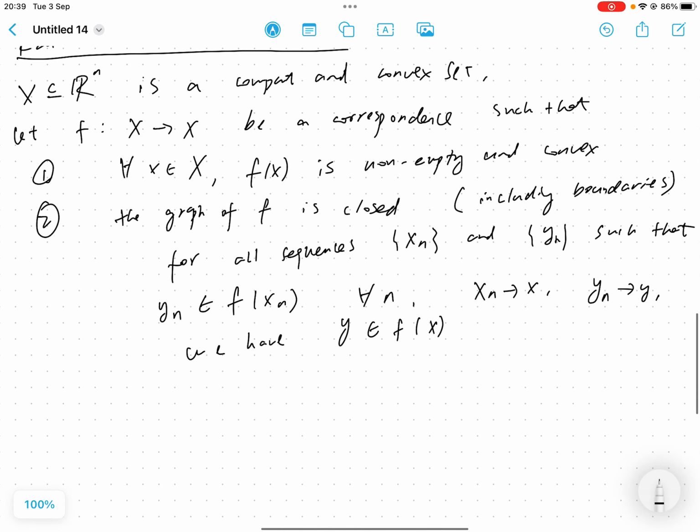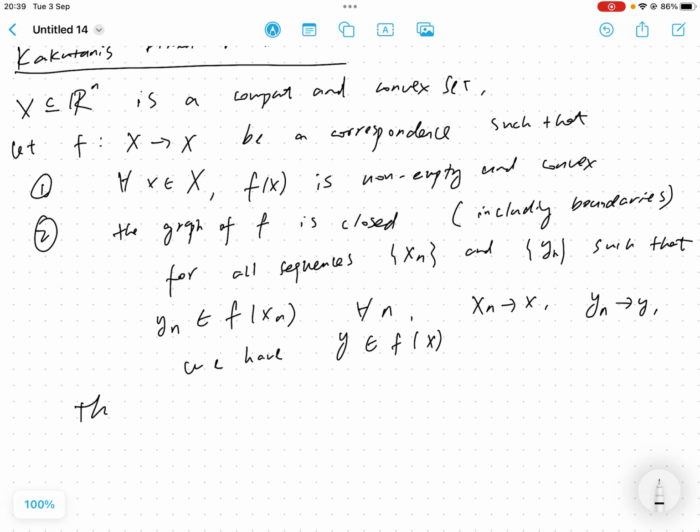Those two are the requirements, and then the statement would be that there exists x star within X such that x star is an element of F with input x star itself. Intuitively, the input of the correspondence F is x star, and the output contains x star, which is itself again.